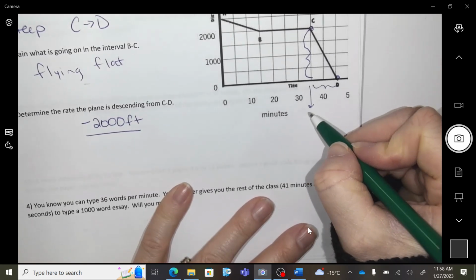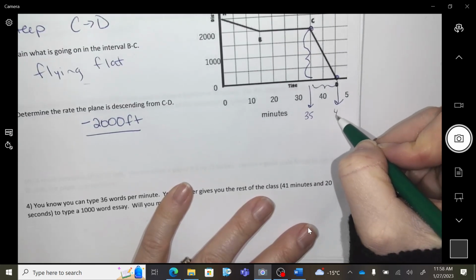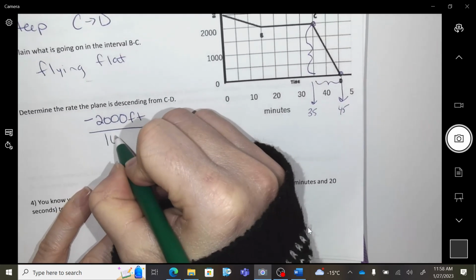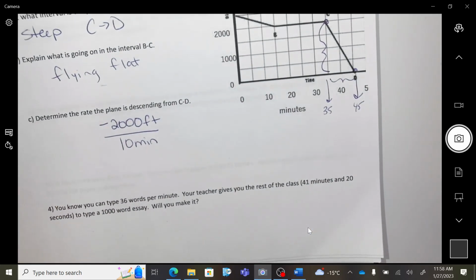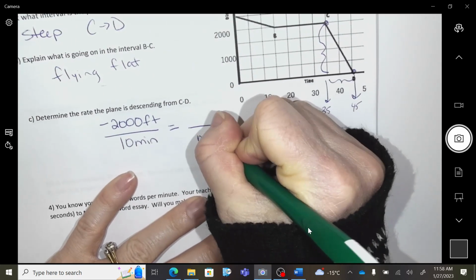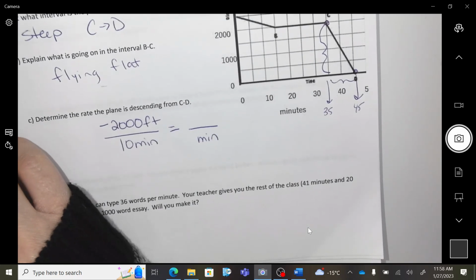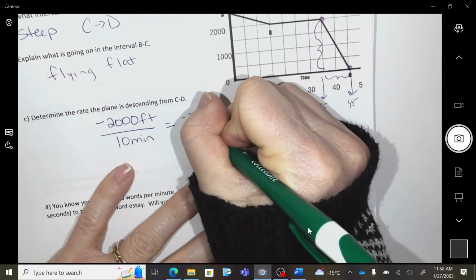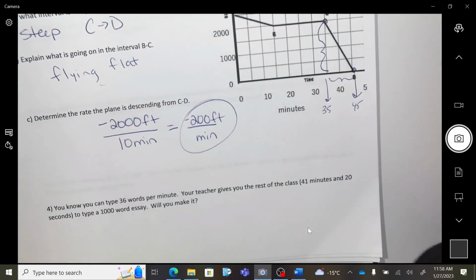So this is at the 35-minute mark, and this is at the 45-minute mark, so 10 minutes. So if I wanted a rate, it usually means per one thing, right? Per minute. So you're going down 200 feet per minute.